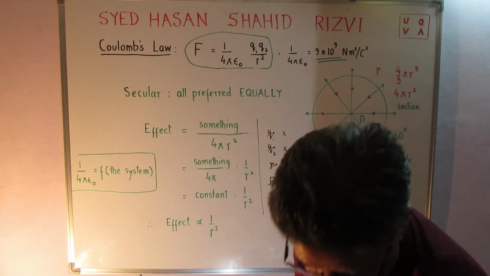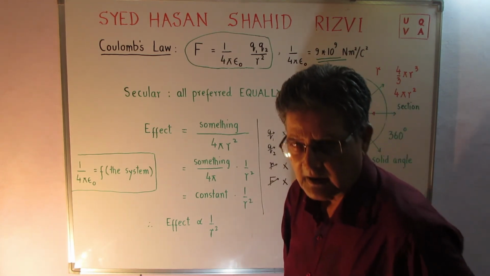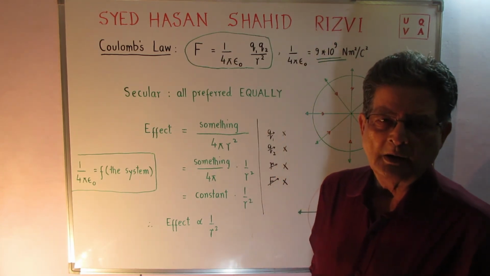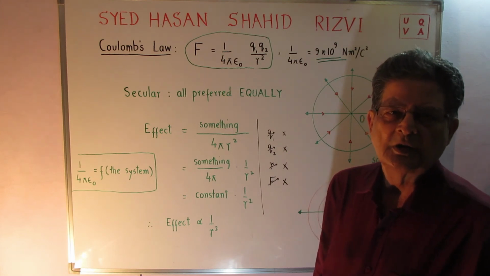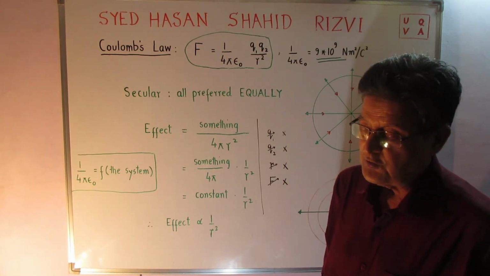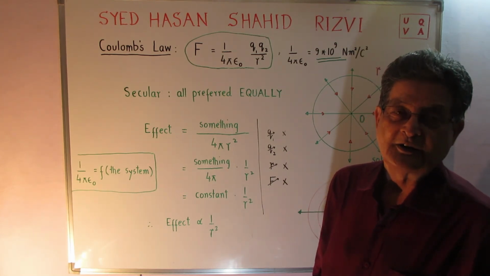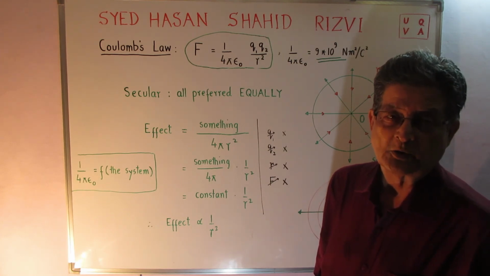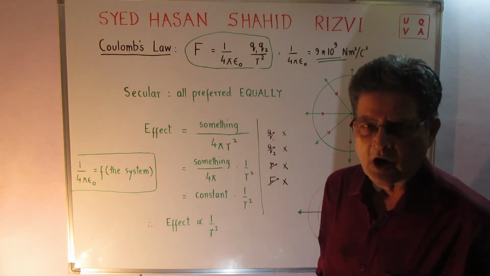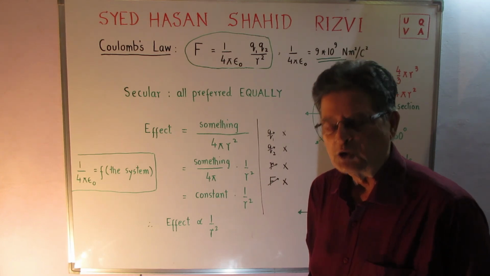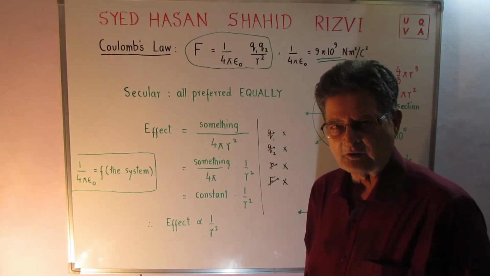The same thing you can repeat with an electron and a proton and two electrons, etc., and you find very interesting data you can find all by yourself. I will not do that. You will do it for yourself.